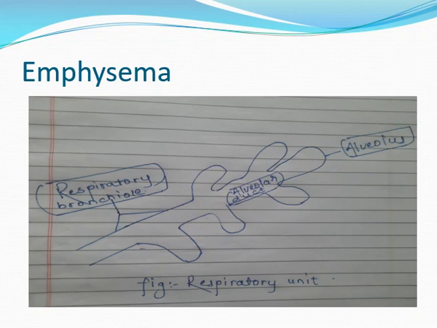It is further divided into the respiratory bronchiole, alveolar duct, and the alveolus. If the proximal part of the acinus is enlarged, meaning the respiratory bronchiole is enlarged, then that is called centriacinar emphysema. If the distal part of the acinus is enlarged, then it is called paraseptal.